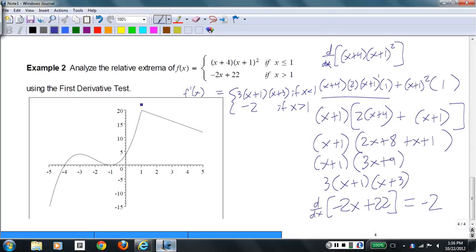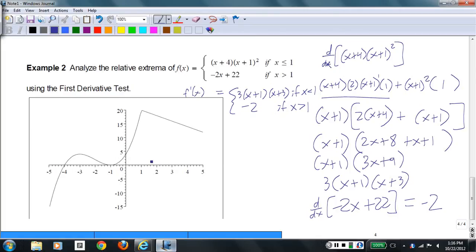Basically, we need two things. As x approaches 1 from the left and from the right, the limit of f prime as x approaches 1 from the left needs to equal the limit of f prime as x approaches 1 from the right.